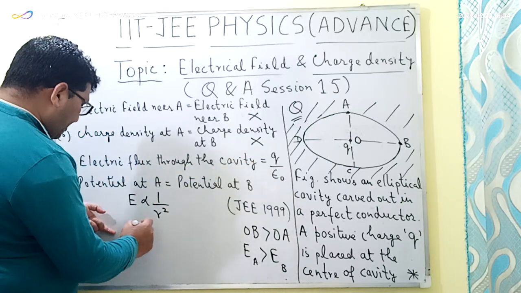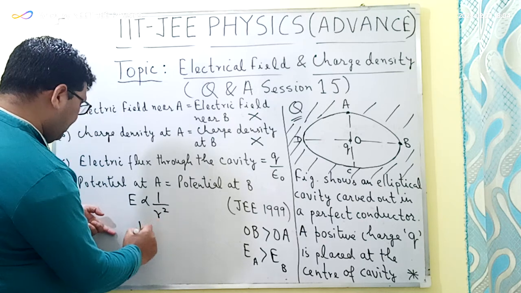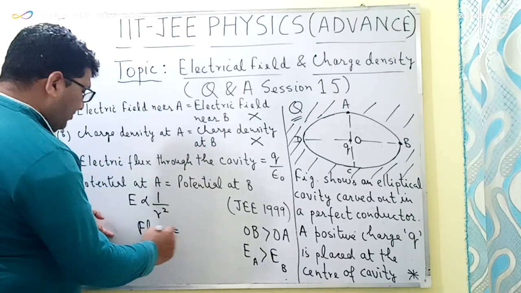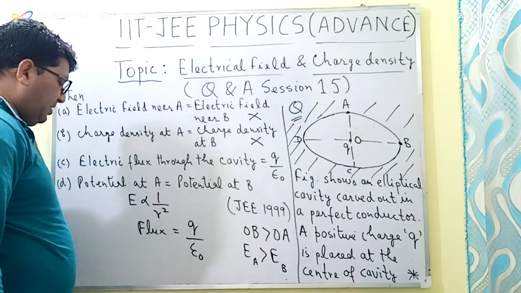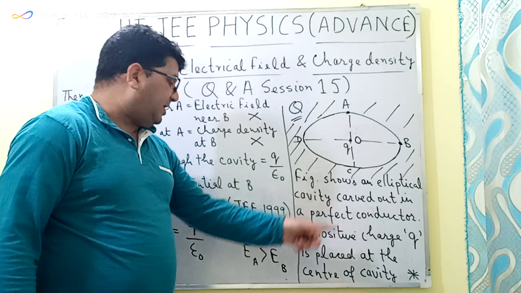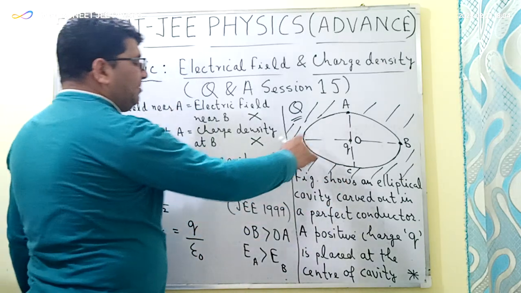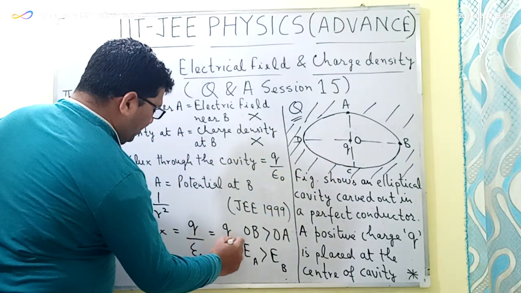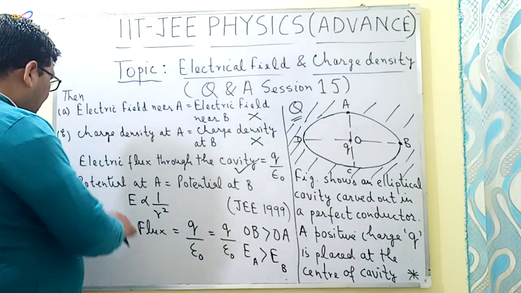So we know that by the Gauss law, the flux through this elliptical cavity will be given by the formula, that is Q upon epsilon naught, where Q is the total charge enclosed by this elliptical cavity, and so here in this case the total charge enclosed by the elliptical cavity is Q. So the flux which will be passing through the cavity will be equal to Q upon epsilon naught. So this third option is right.